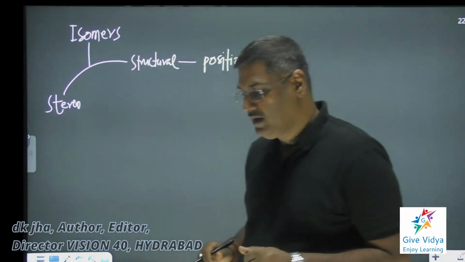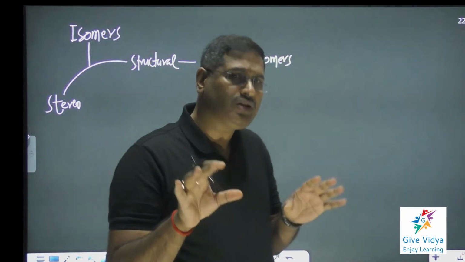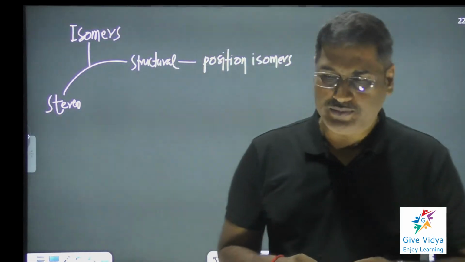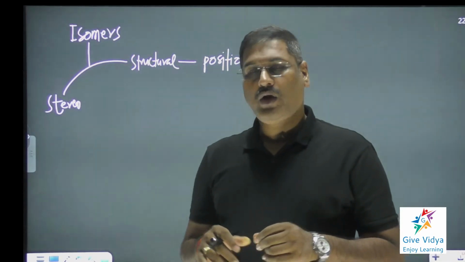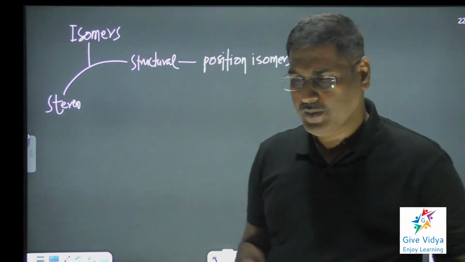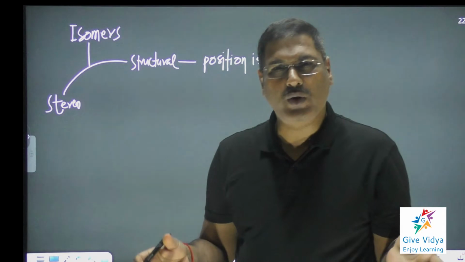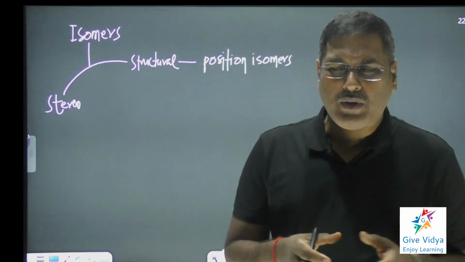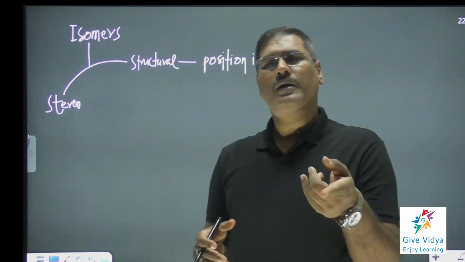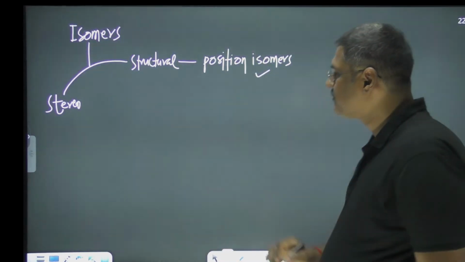And here, if that change in connectivity of atoms causes a change in position of an atom or group of atoms or a double bond or triple bond, in that case we say position isomers.